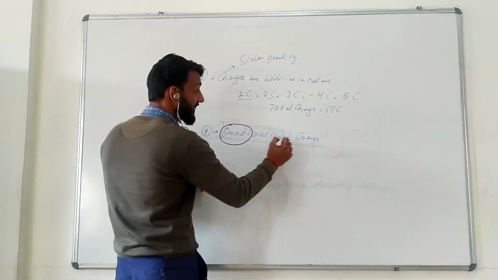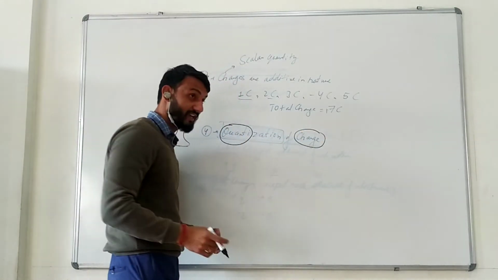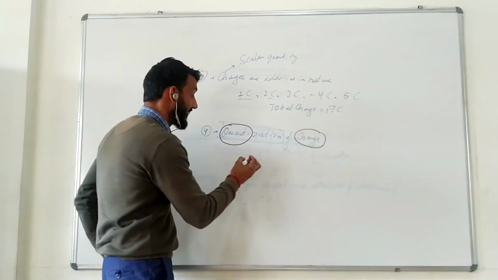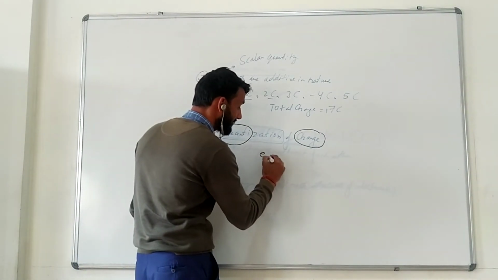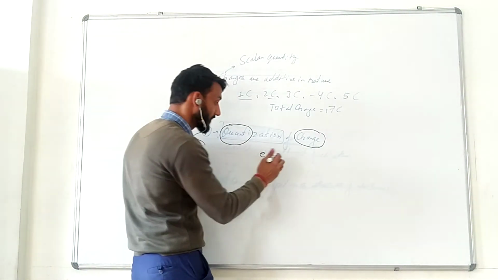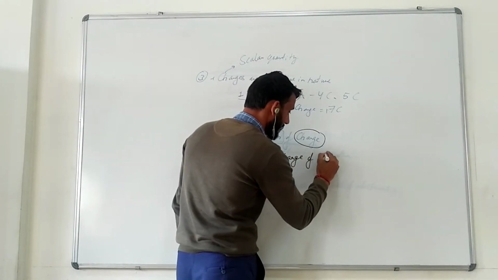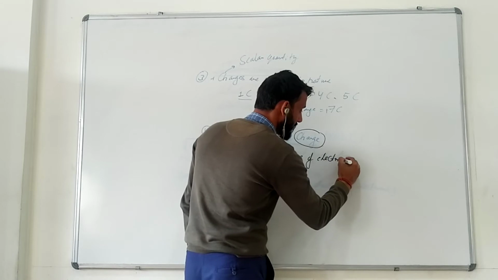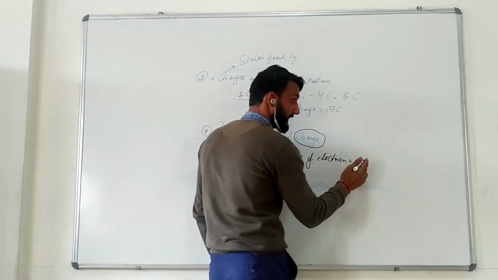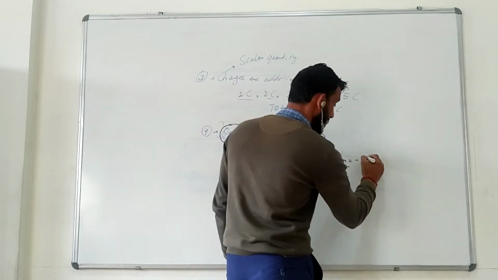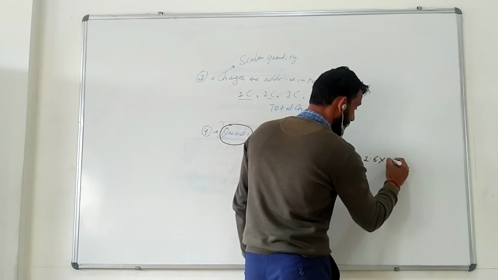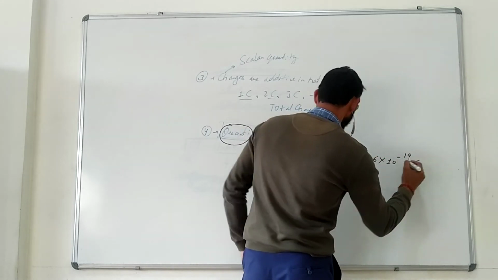Now, quanta of what? Quanta of charge. It means we have a smallest possible charge, and that smallest possible charge is e, the charge of the electron, which is equal to negative, because electrons are negatively charged, 1.6 times 10 to the power minus 19 coulomb.